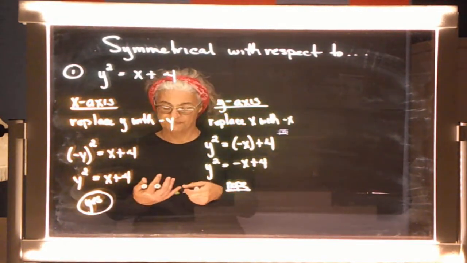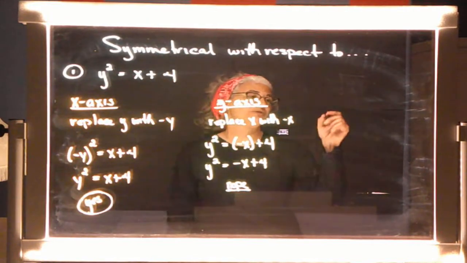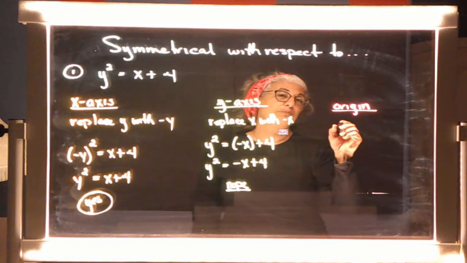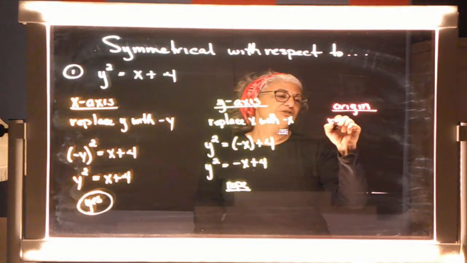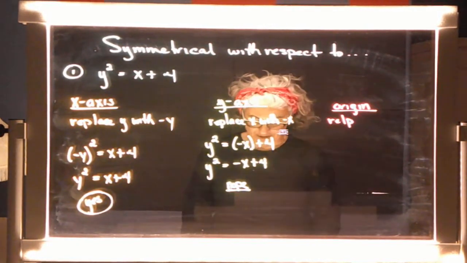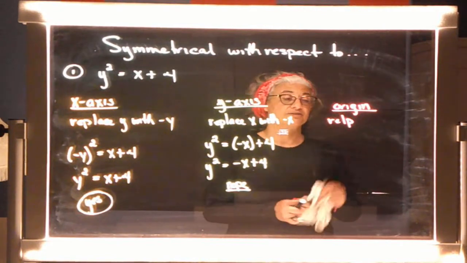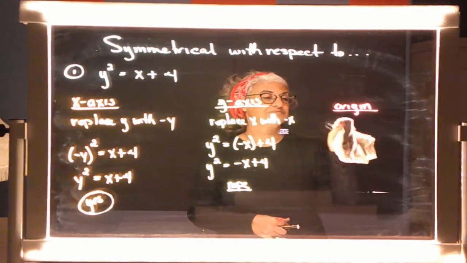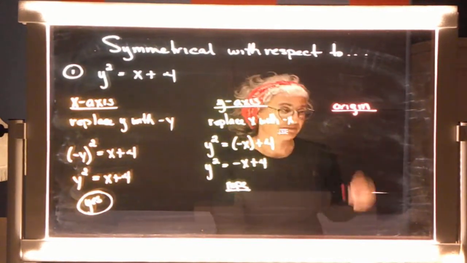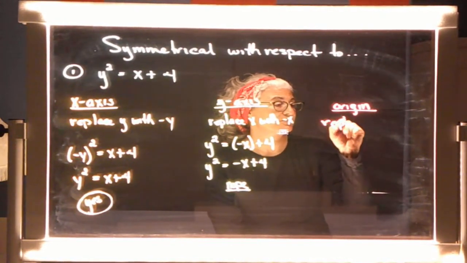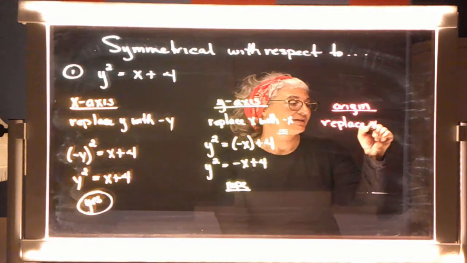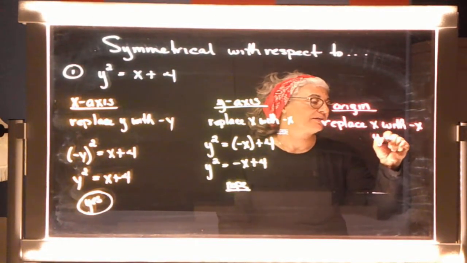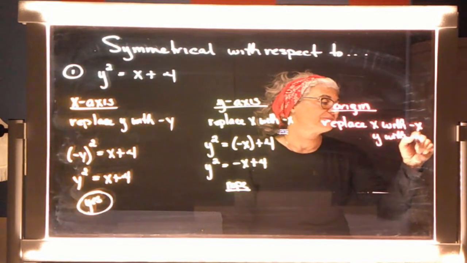With me? Okay, origin symmetry is last. Do you remember what happened with origin symmetry? Yeah, both got replaced, right? So, might help if I spelled replaced correctly, wouldn't it? So we are going to replace x with negative x and y with negative y.